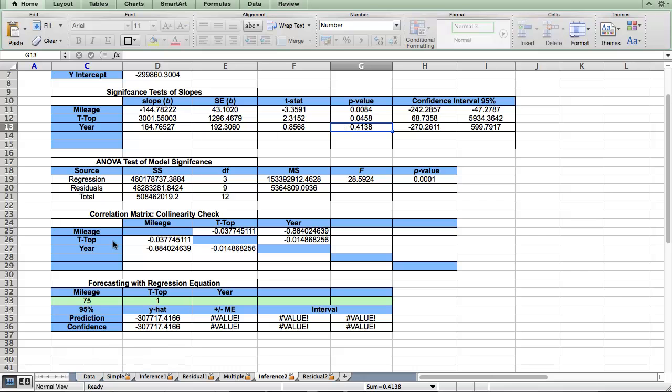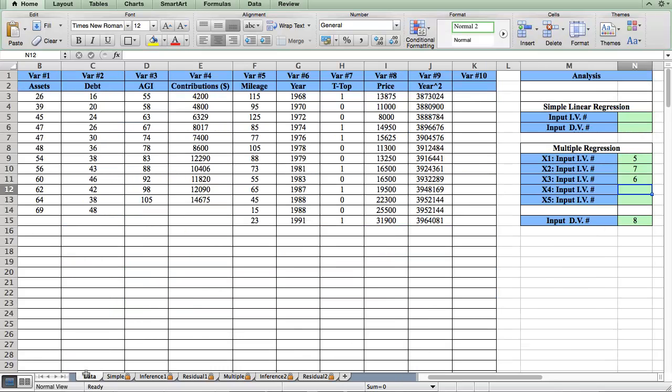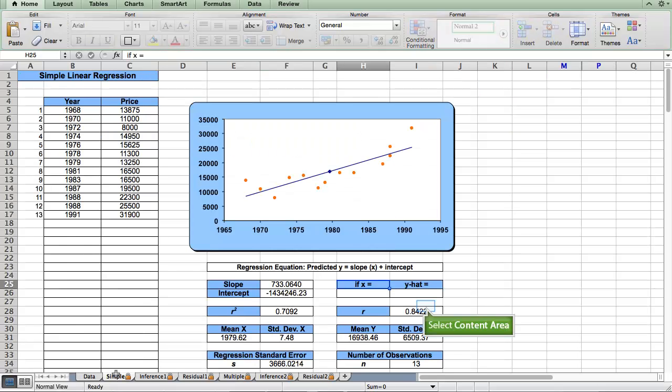Now, this has to do with the way year is fitting the model. And we could explore that further by looking at a simple regression, trying to isolate the effect of year on price, or that relationship. So looking at our scatter plot, we see clearly by the correlation that there is a linear relationship.